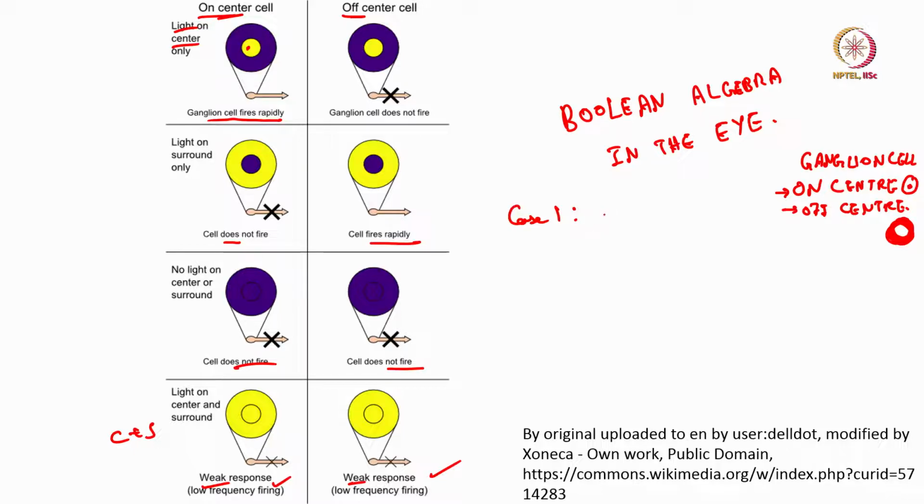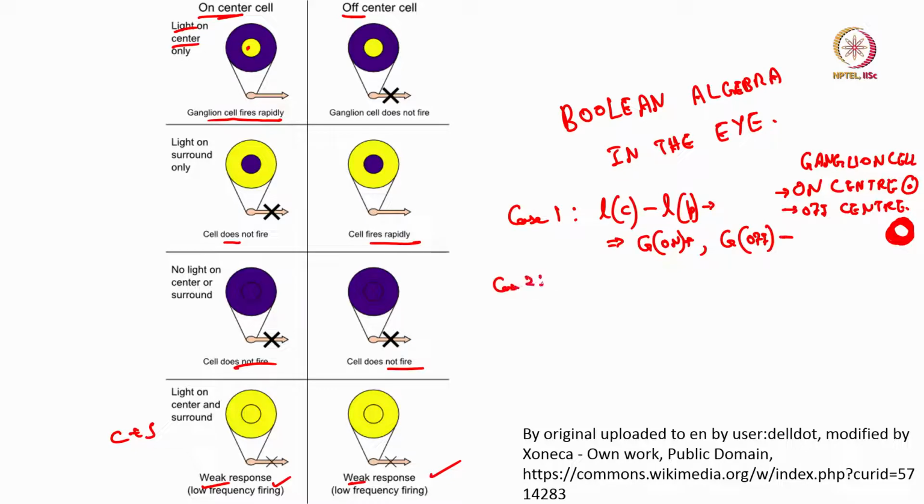So, light in the center, no light in periphery implies on center ganglion cell plus, and off center ganglion cell negative.